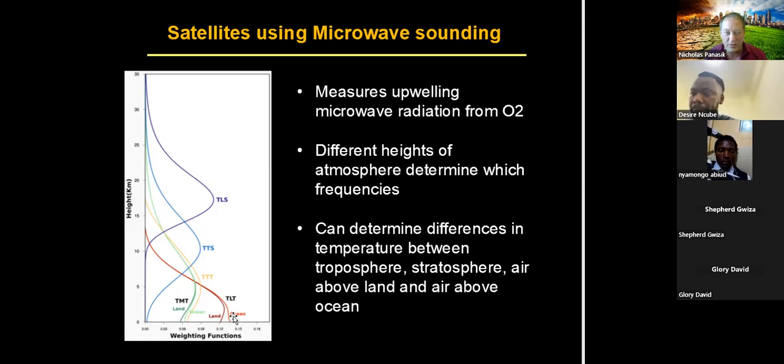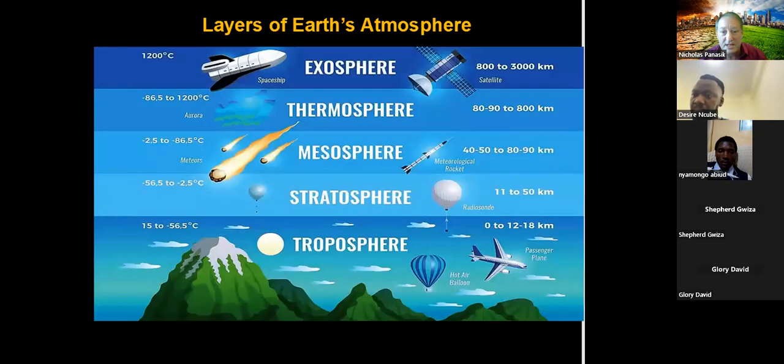And so this is where it's important to go over what you may already know about the layers of Earth's atmosphere. There's different layers to it. First you've got space, and then the outermost layer of the atmosphere is what we call the exosphere. That's where satellites are located, spaceships go out there, but not much else.